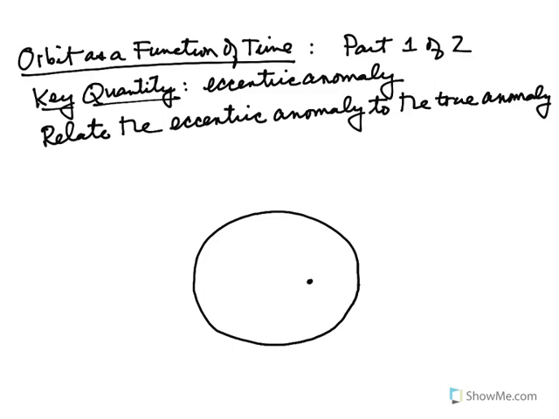So if I have the focus of the orbit at point O, and I have the position of the spacecraft labeled as point S, the position of S relative to O, that distance, is actually R, and the angle between the eccentricity vector and the position of the spacecraft relative to the focus is the true anomaly, which is nu.